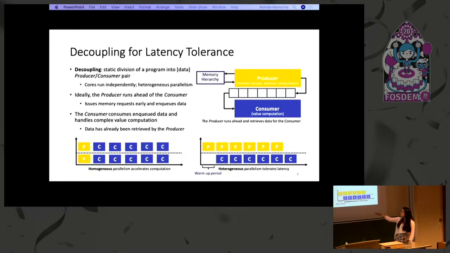There's a warm-up period where these 2 cores start running at the same time, so the producer needs to gather its run ahead, but it does this very quickly. And once it's done this, the producer can asynchronously issue memory accesses, and the consumer never has to stall. Whereas typically these memory accesses would be long latency, and the consumer would have to wait for this data.